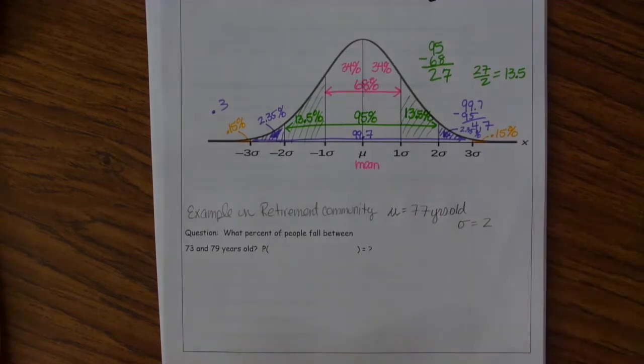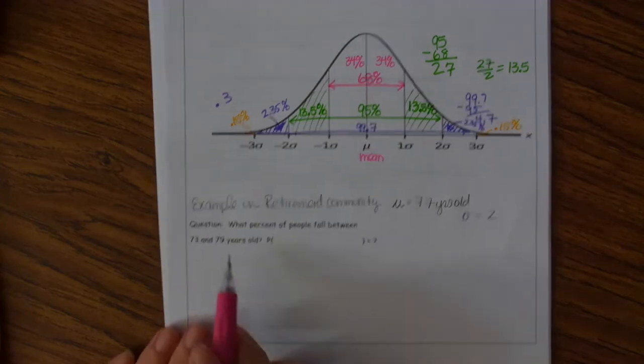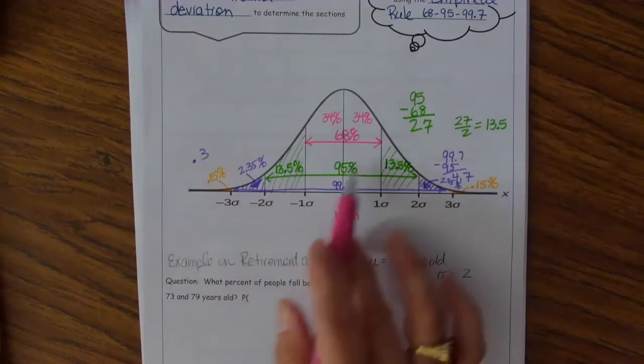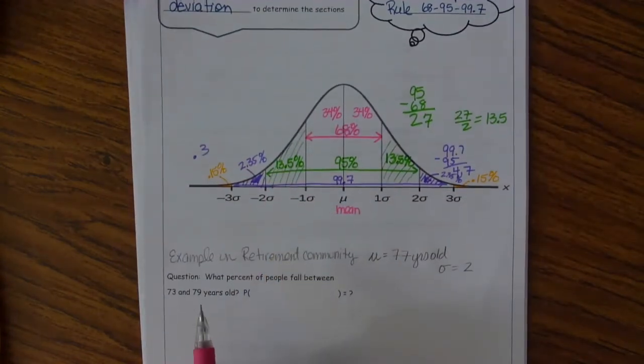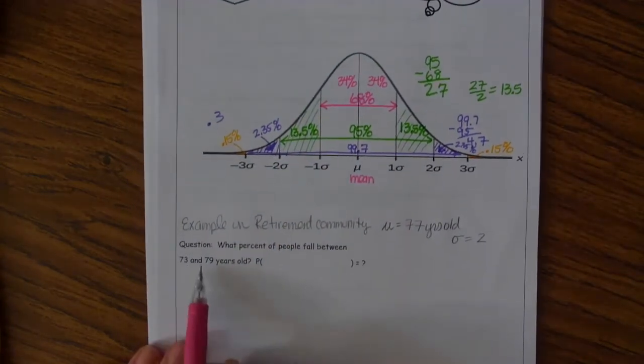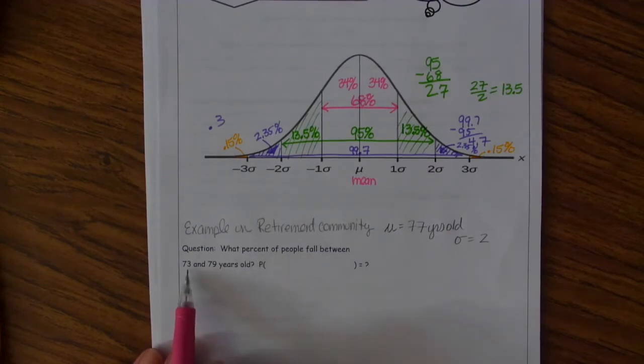And you all know how to find the mean. You could add them up and divide. You know how to find the standard deviation, punch it in. So now I want to know, if I randomly go select a person, what's the probability? This is a probability distribution, right? We're looking at probabilities, percentages. What percent of people fall between 73 and 79 years old?